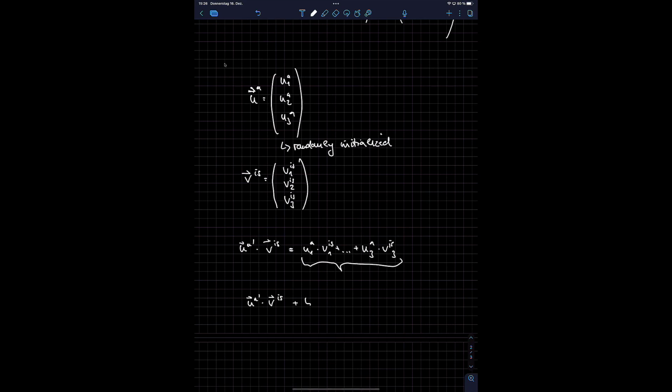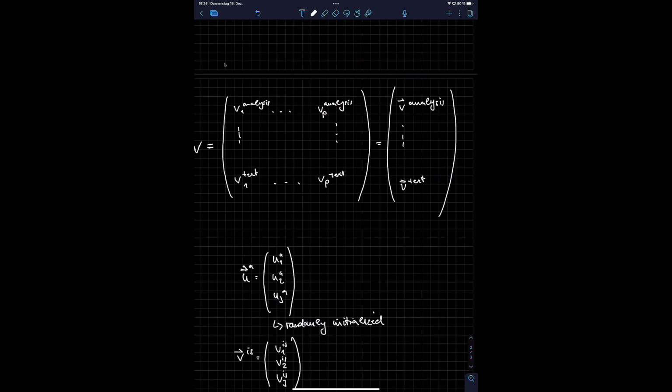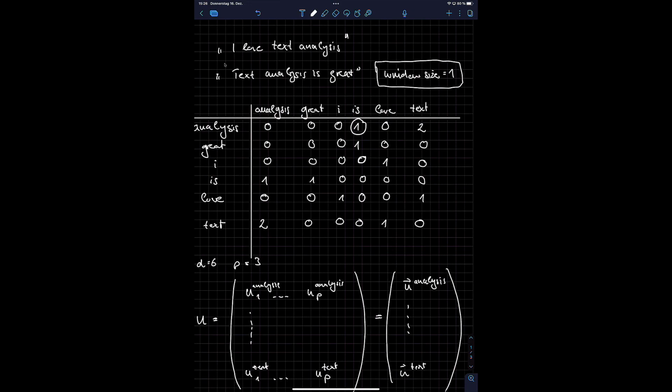Then we add other parameters to the model, which just makes it more flexible. So the bias term referring to analysis plus a bias term referring to is. And that's supposed to be now the log of the co-occurrence. So here the log of 1, because we have a value of 1.